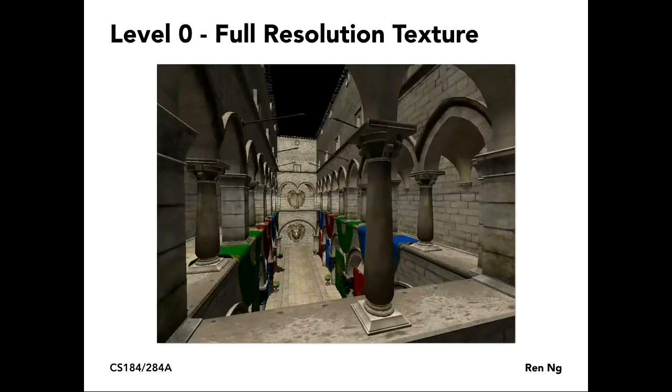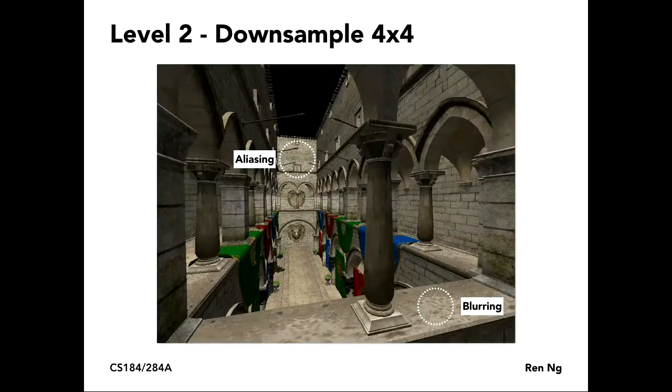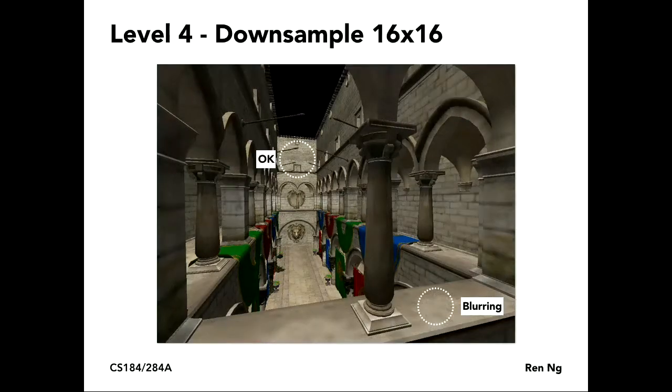Let me back up, and if you look in the bottom right corner, where it's okay at the resolution at level 0, here with 4x4 downsampling, you can already see some blurring, and if you keep looking at it with 16x16 downsampling, there's a lot of blurring. So spatially varying different portions of the image will require different amounts of resolution.